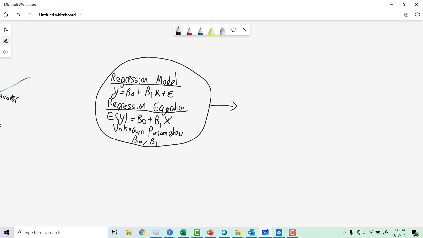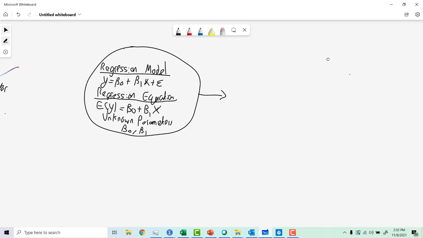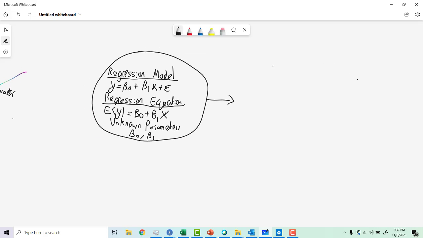Now, we have our model, but what do we need next? Well, we need some actual data. Okay, so we have some actual data. Another beautiful circle.